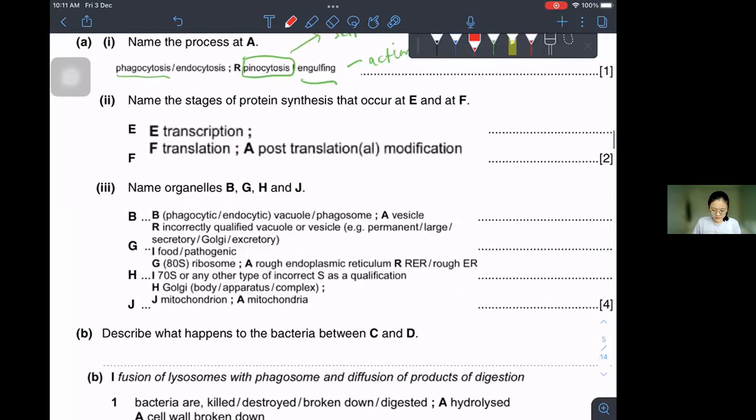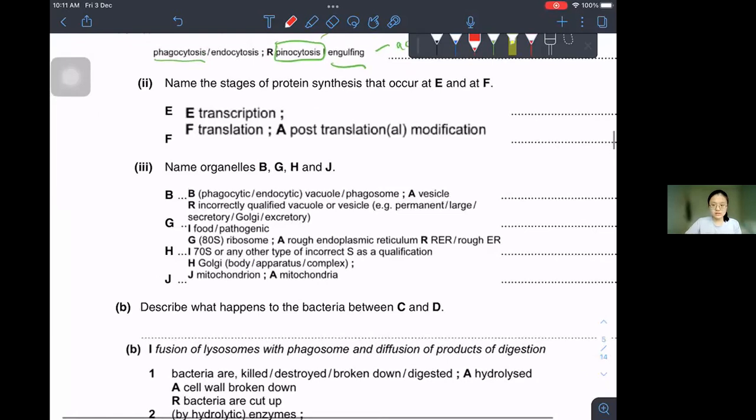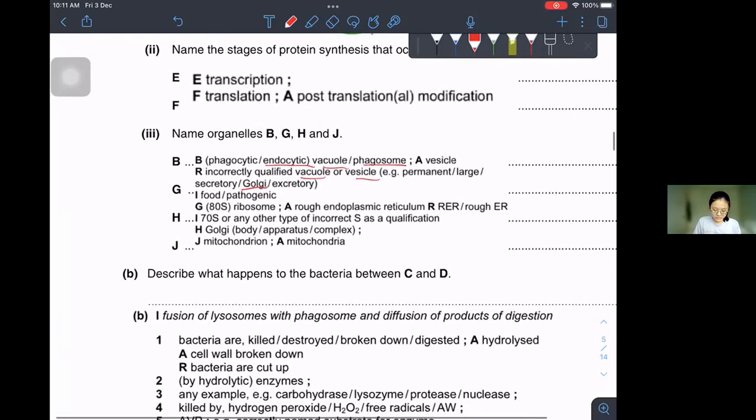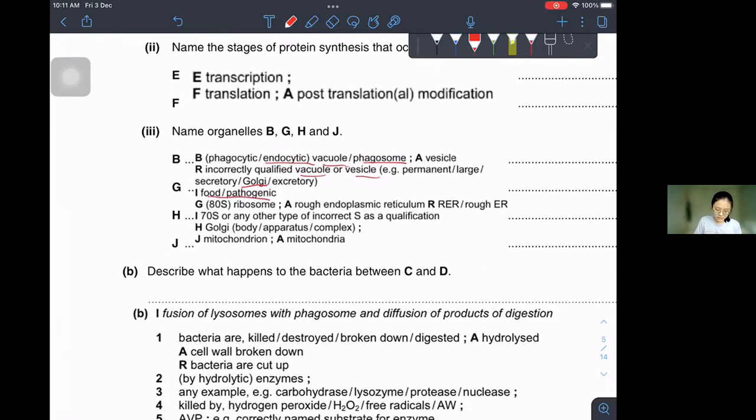So B you can say is a phagocytotic or endocytotic vacuole or phagosome. You cannot say it's just a vacuole or vesicle, or Golgi vesicles or excretory vesicles, and it ignores food or pathogenic.